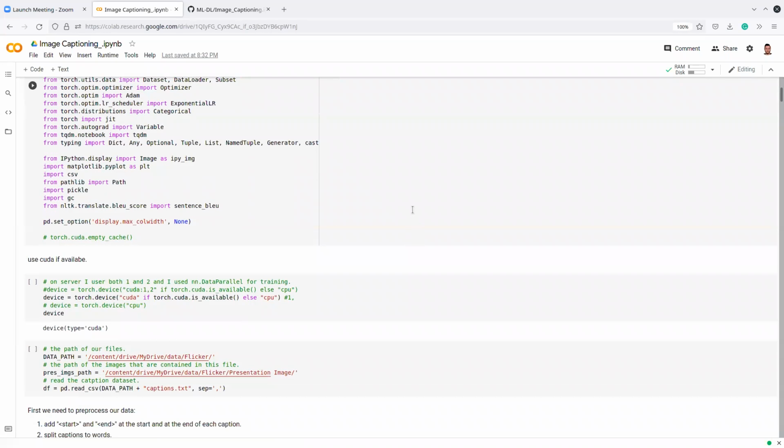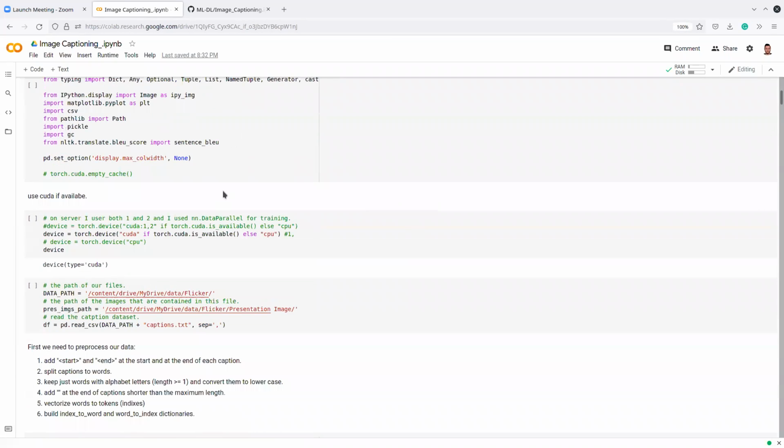For this task, I used the Flickr 8K dataset. It has 8,000 images, and for each image we have 5 different captions in most of the cases.